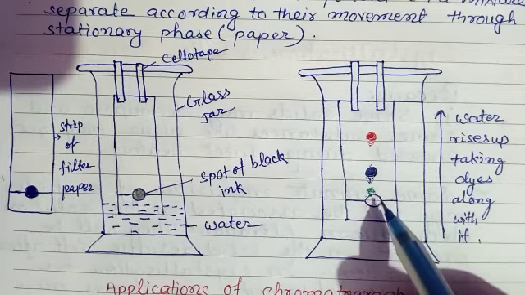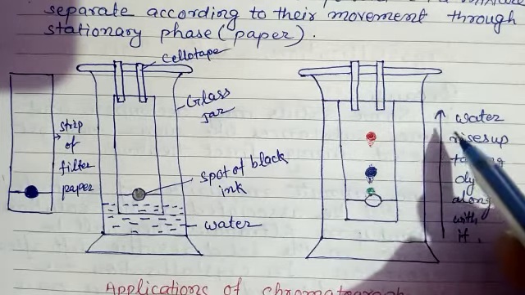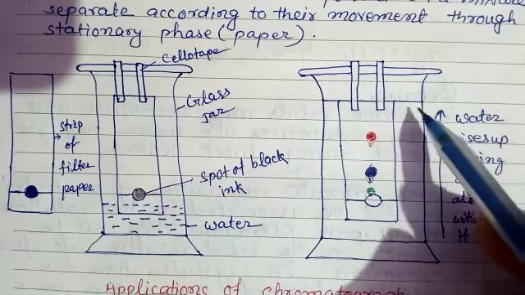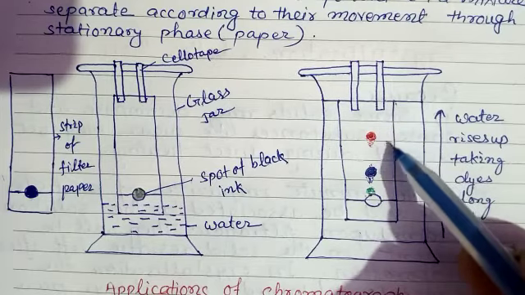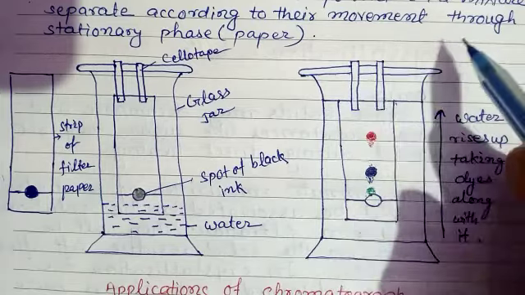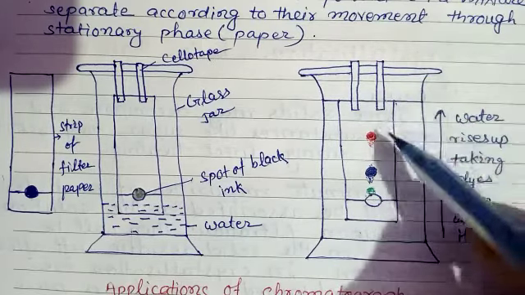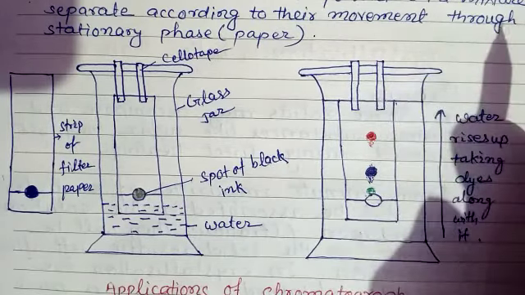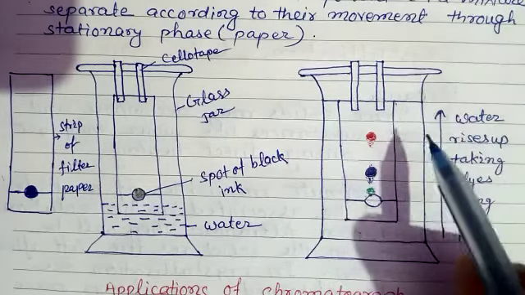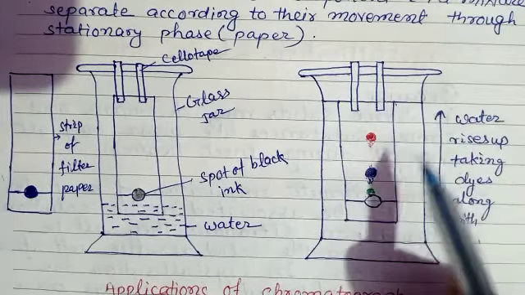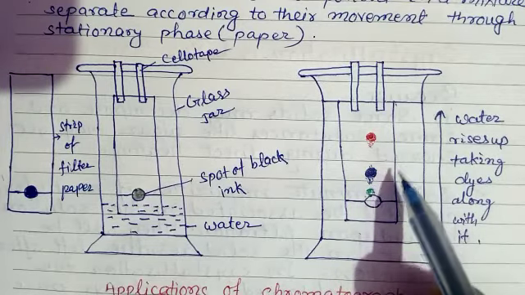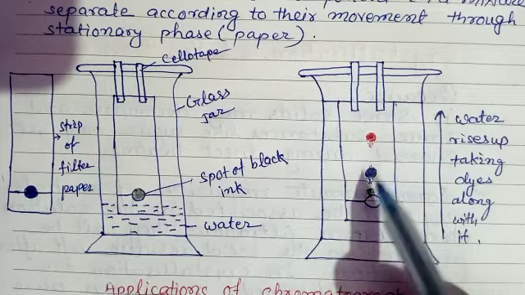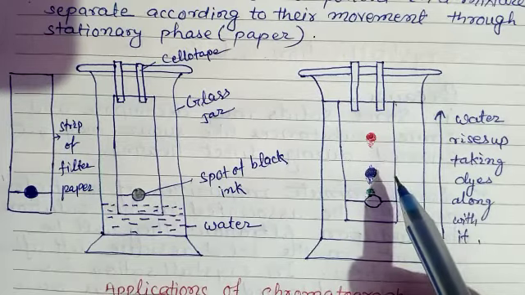So students, now when the water reaches near the top of the filter paper strip, the paper strip is removed from the jar and dried. After drying, the paper with its separate color spots is called a chromatogram.